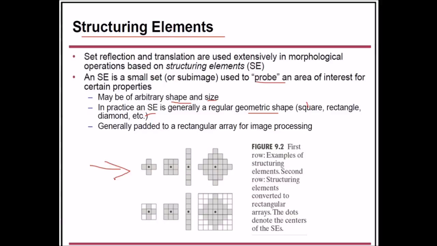In this row are examples of structuring elements, and the second row shows the structuring elements converted to rectangular arrays, because ultimately we have to do some image processing. We cannot do it on these shapes directly; we have to have some square or regular shape. This dot denotes the center of the structuring element.